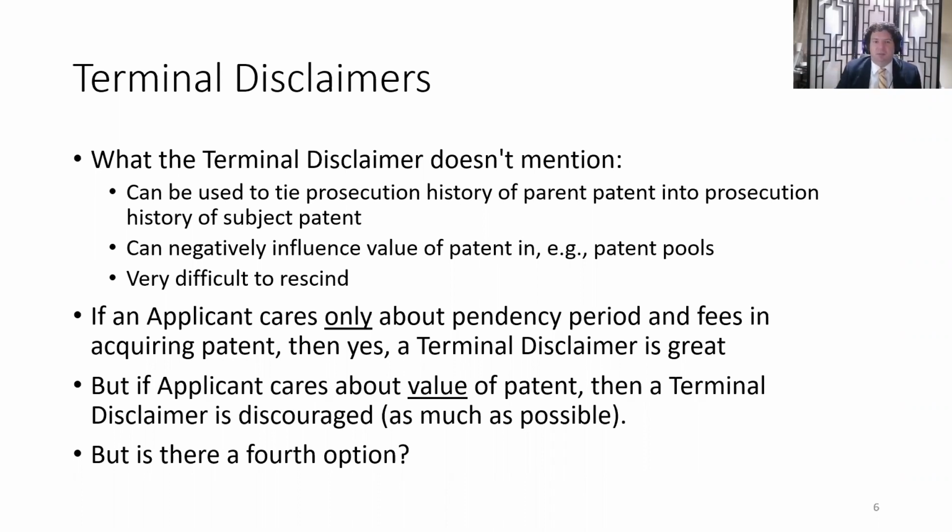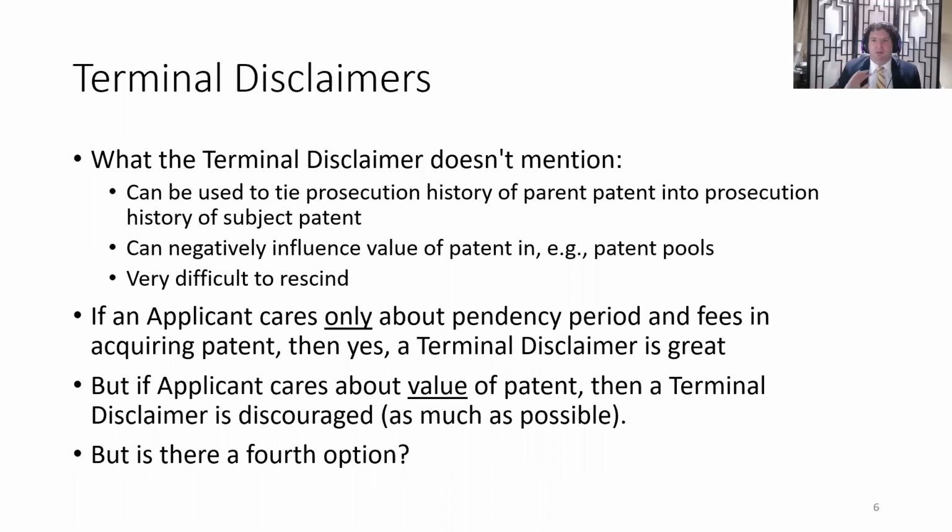There's somewhat of a cultural divide, I think, between the United States and most of the rest of the world, including Japan, where American applicants know that we don't want terminal disclaimers. I mean, we'll accept them sometimes because we don't want to appeal double patenting rejections, or ultimately we're going to need to file one and it's going to delay prosecution too much.